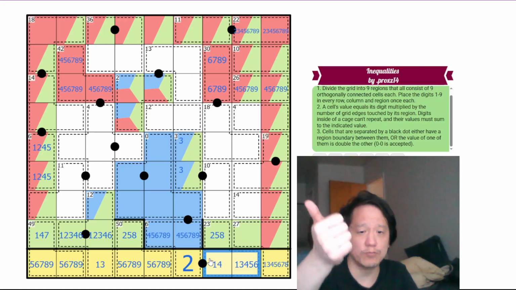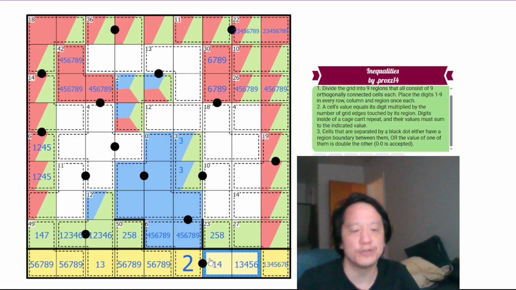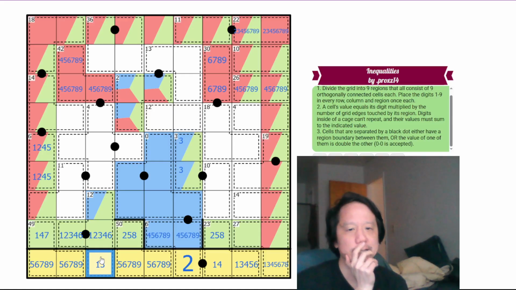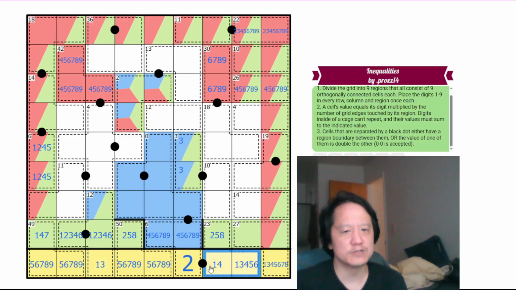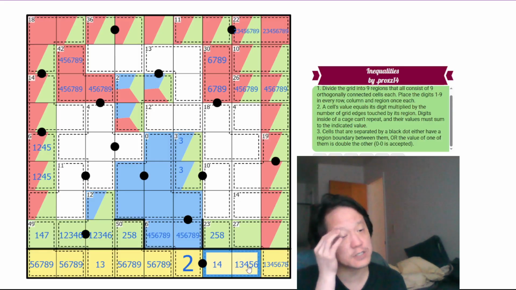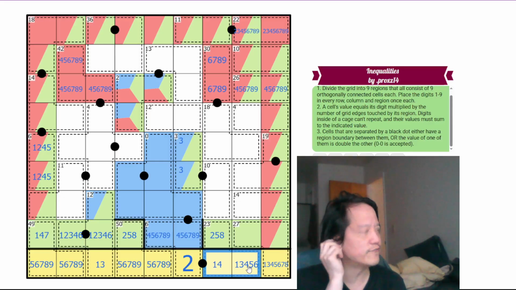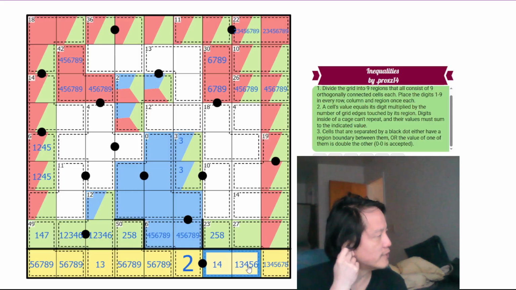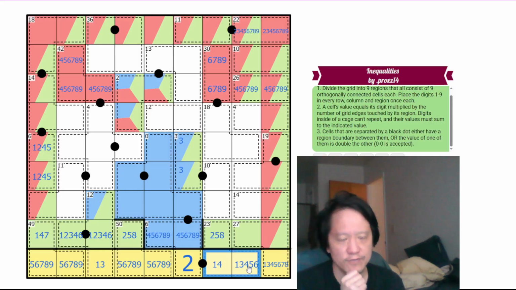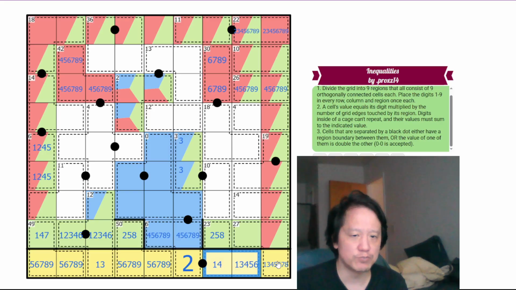It could have both 1 and 4. It cannot have both 1 and 3 because this is guaranteed to be 1 or 3. But one of these is going to have to be 1 or 3 here. Because to get 2 unique digits adding up to 7, it's going to have to be 1, 6, or 3, 4 at most. Or you could have 1, 4, or 1, 5. 4 can only be with 3 here. Or it could be with 1, I guess. So this is 1 or 3, which means this cannot be 1 or 3 here.